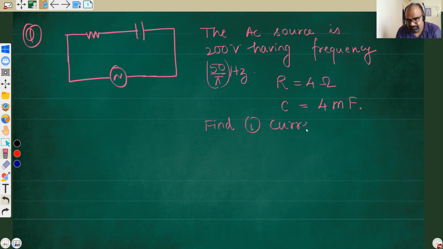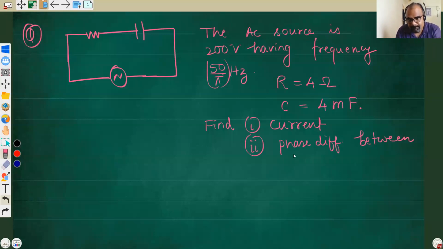First, current. Second, phase difference between current and voltage.